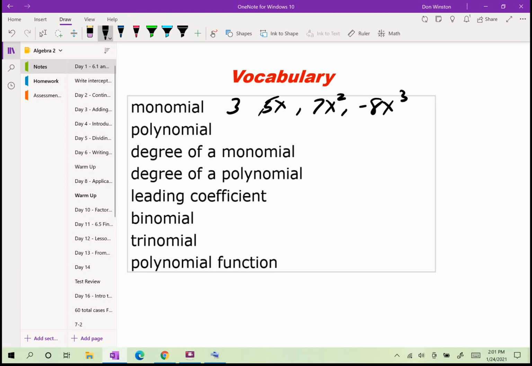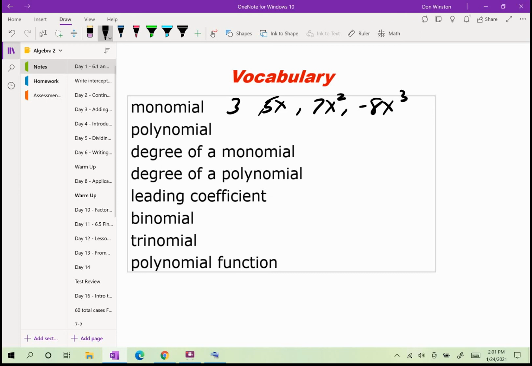A polynomial, we'll say, can be a monomial, it could be a binomial, a trinomial. Okay, we'll define polynomial in just a second here. But polynomial could be just about any type of term.